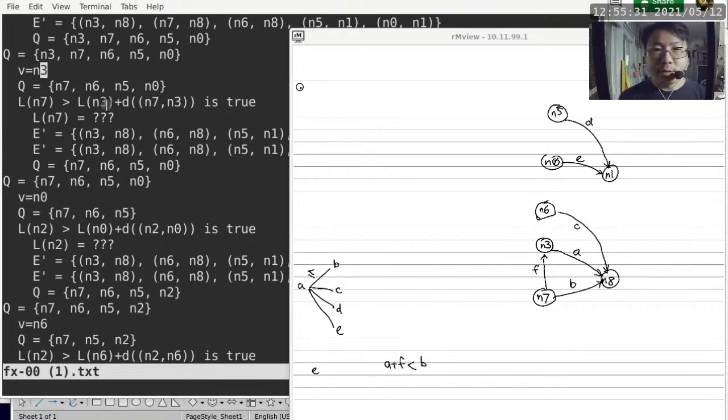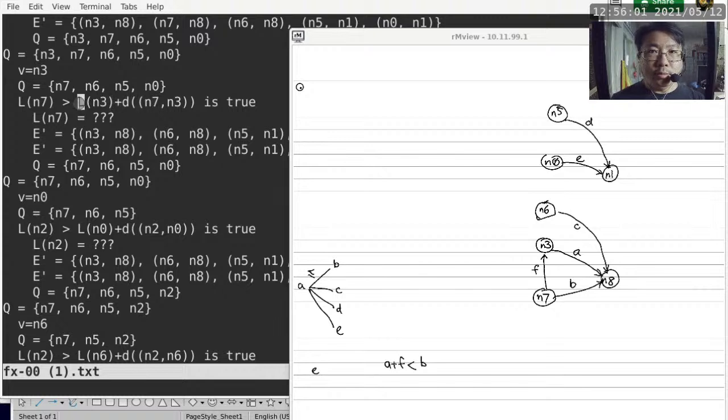All right, so let's find out whether this makes sense or not. Okay, so I'm looking at this inequality here. At this point, where the cursor is, the L value of n3 is really just a itself, and then the distance from n7 to n3 is f. So we are looking at a plus f in this case.